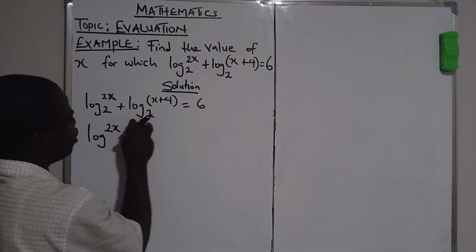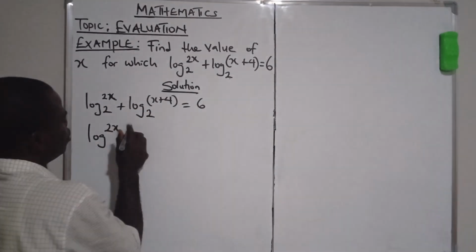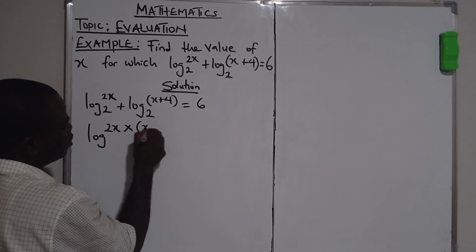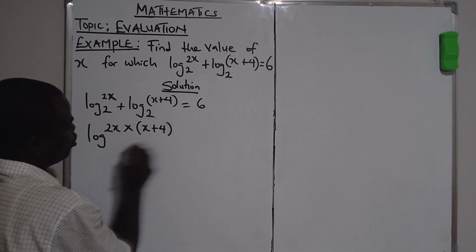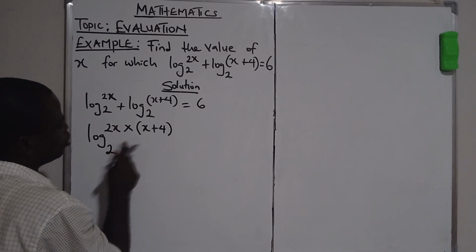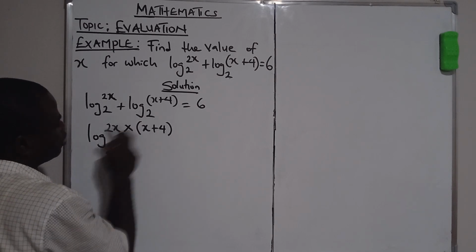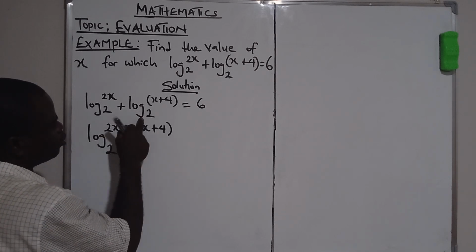Since I'm turning the log into one log, we now write multiply by x plus 4 base 2. You see that the addition is the result of multiplication, and we're having one log instead of two.